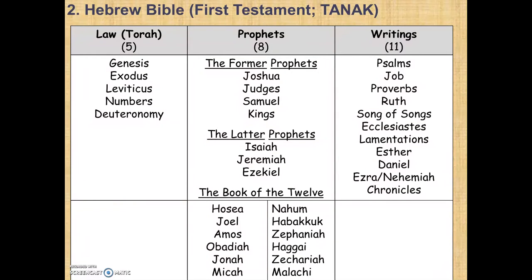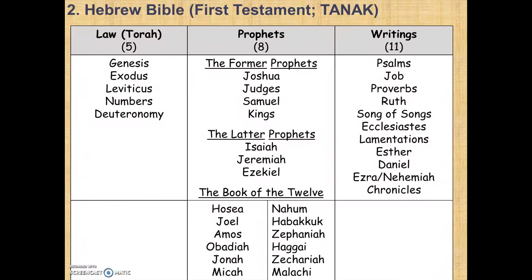The prophets include here former prophets and latter prophets. The former prophets, Joshua, Judges, Samuel, and Kings, are usually in English Bibles in the historical section, but are considered prophets and put in this section in Hebrew Bibles, which begs the question about genre when you're working in these books and thinking about the issue of history and history writing and historiography and what kind of books they are.